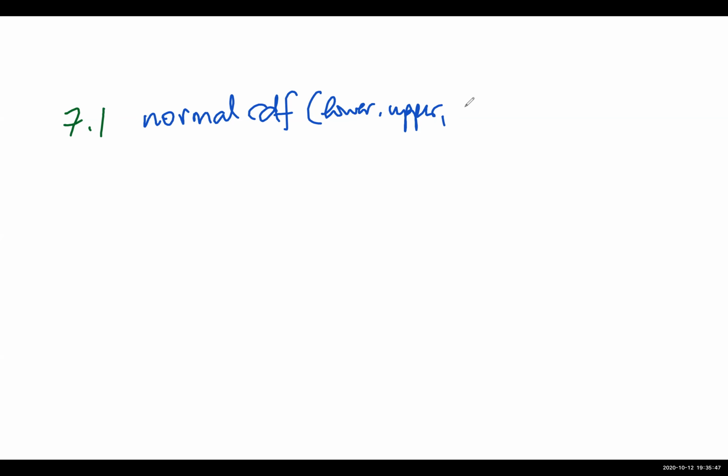The mean is 0 and the standard deviation is 1. That is 7.1. If there's no given mean and standard deviation, it's understood that you're going to use the default of 0 and 1. Same thing with inverse norm. So remember, this is area, and then mean 0 and standard deviation 1.